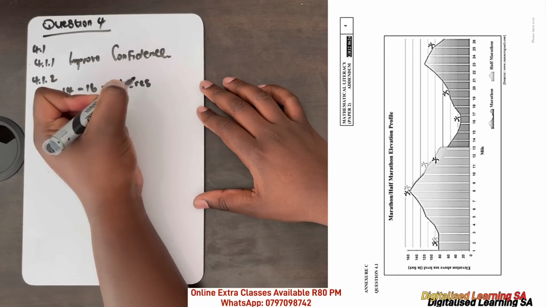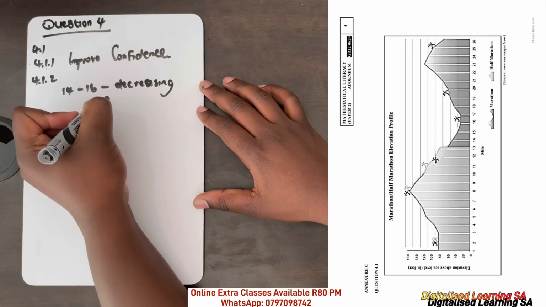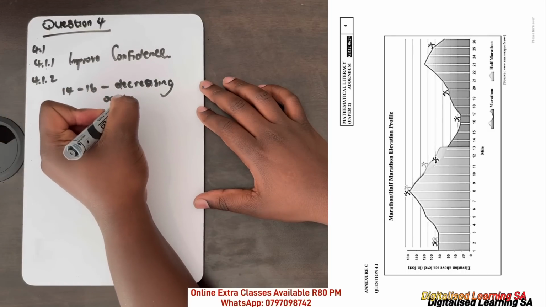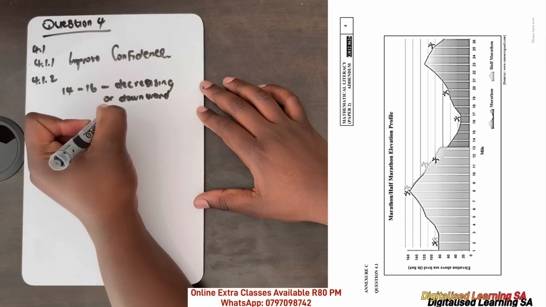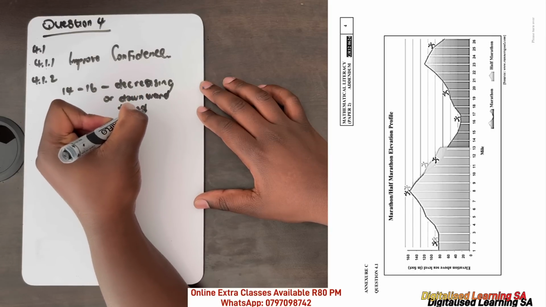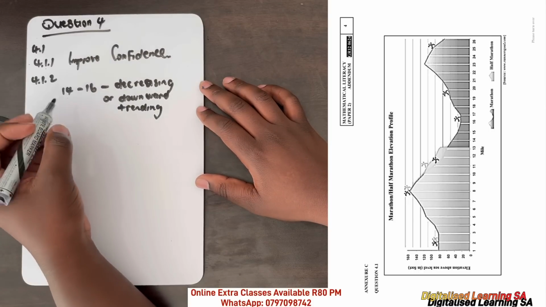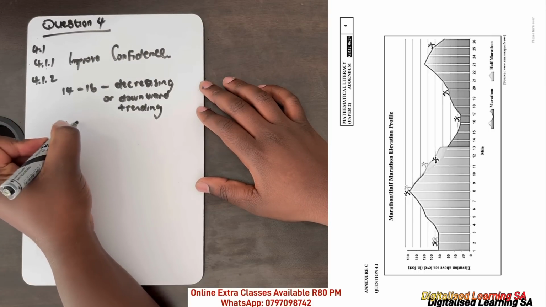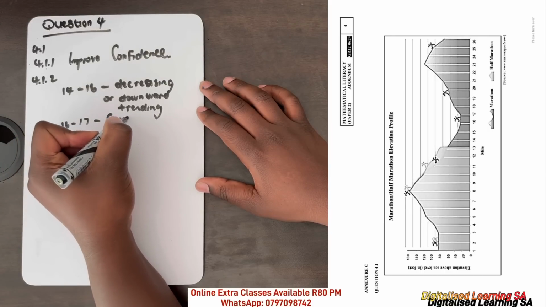It's going down. So it is downward trending. And from 16 to 17, we can see the graph is constant.